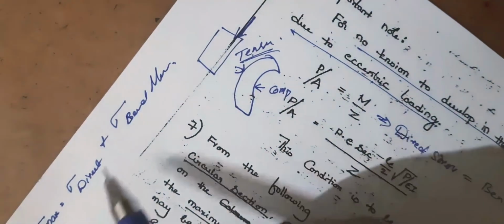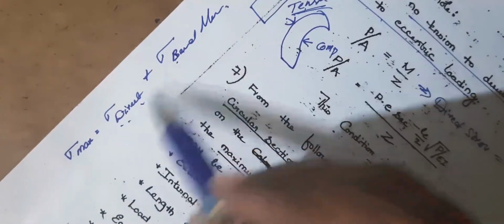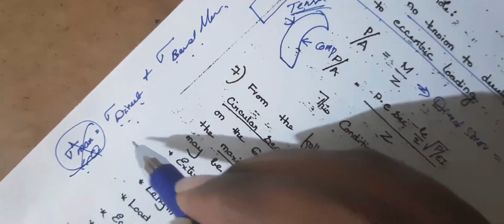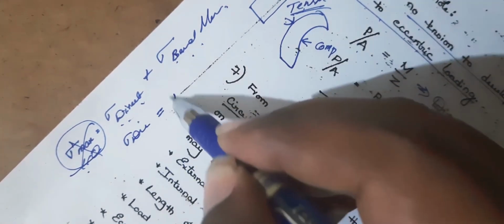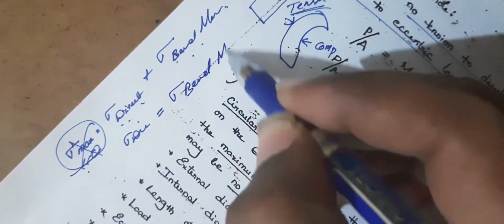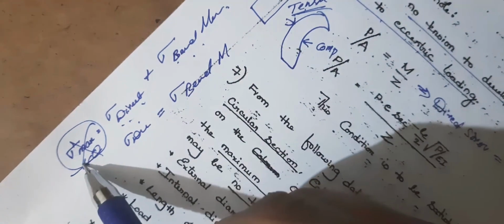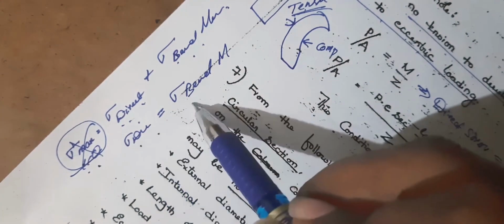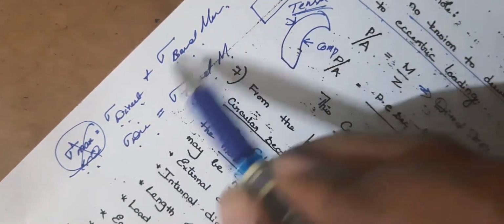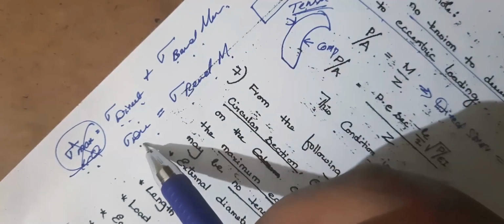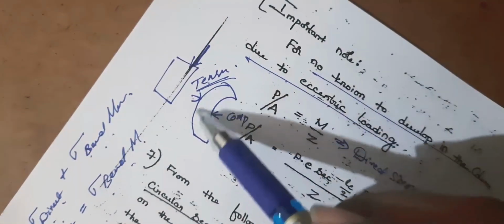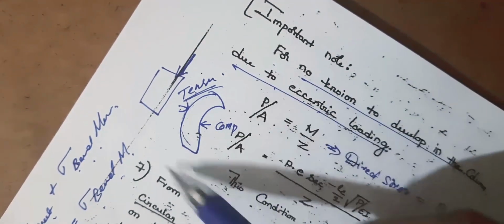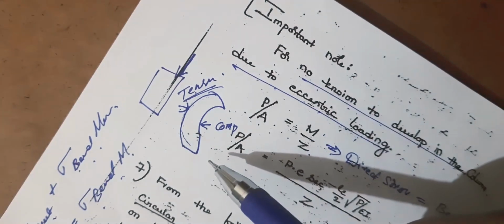These two should equal 0. When is this going to be 0? When sigma direct equals sigma bending moment. So when there is no tension, sigma max should equal 0, and sigma direct equals sigma bending moment. If the stress due to bending moment equals the direct stress, then there is not going to be any tension on the outward side. The complete column is going to be under compression only.